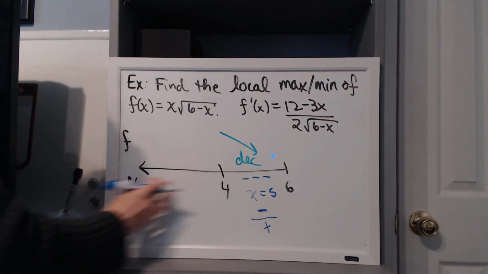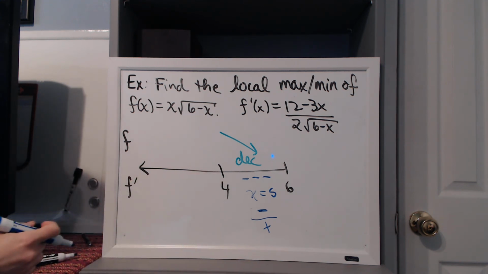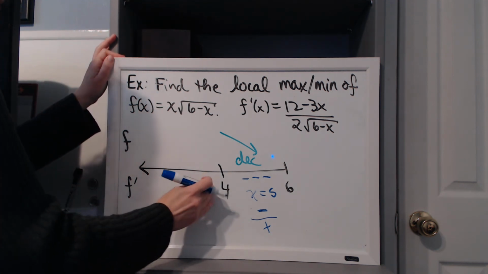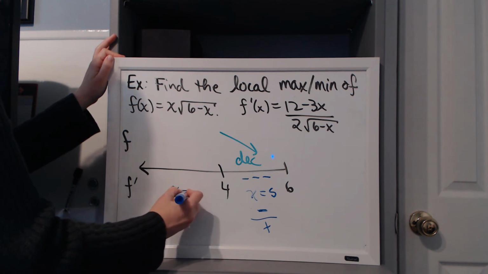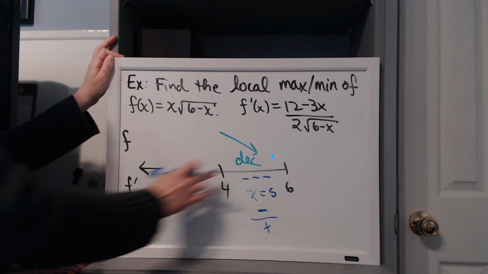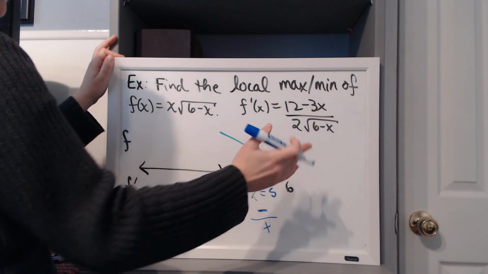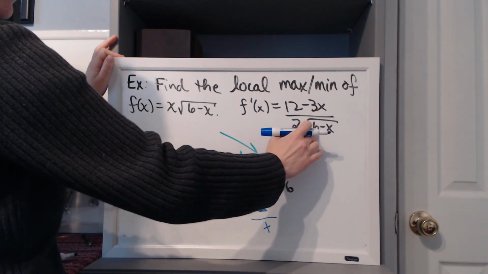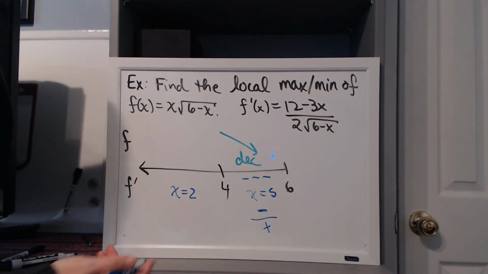And then in this range over here, I want to pick another convenient value. This time, we're allowed to pick anything we want in here, but I'm going to pick x equal 2. The reason I'm choosing 2 is because when I plug in x equal 2 right here, not that this really matters that much, I'm going to get 6 minus 2 is 4, and I know easily the square root of 4.